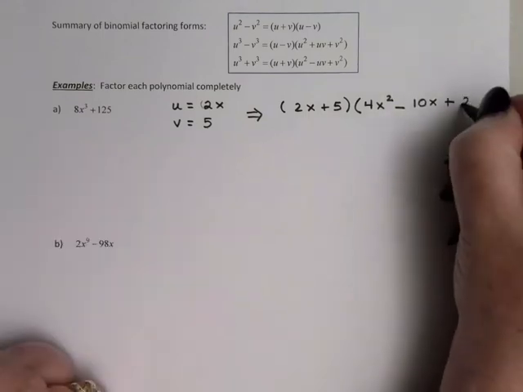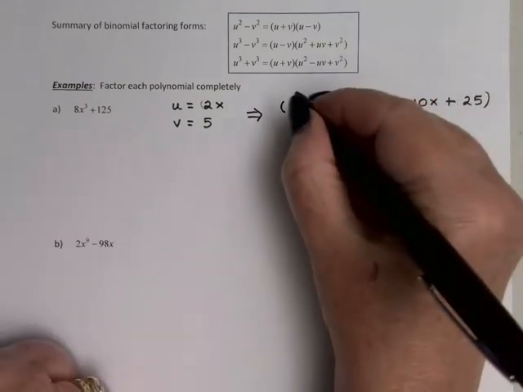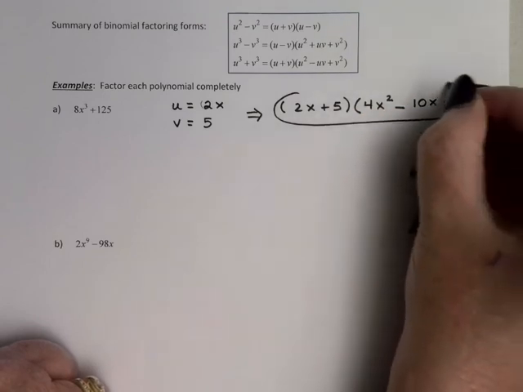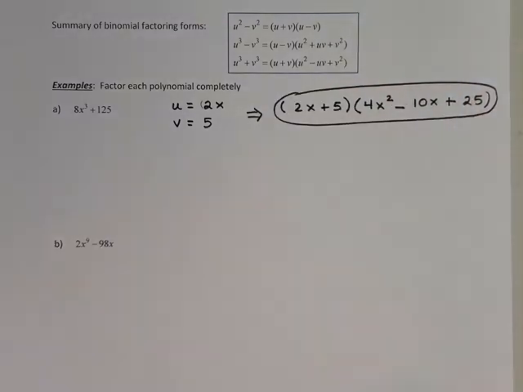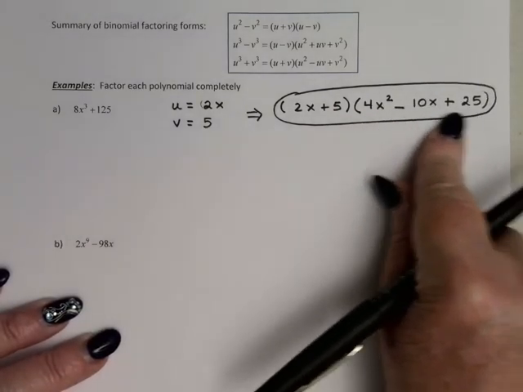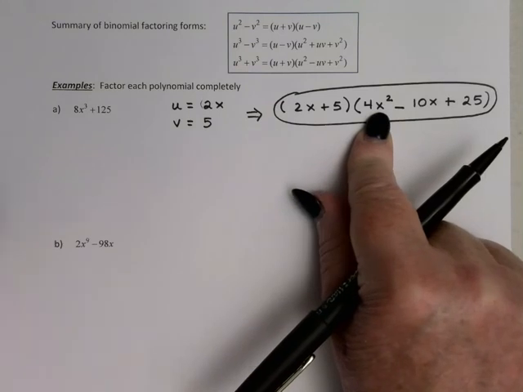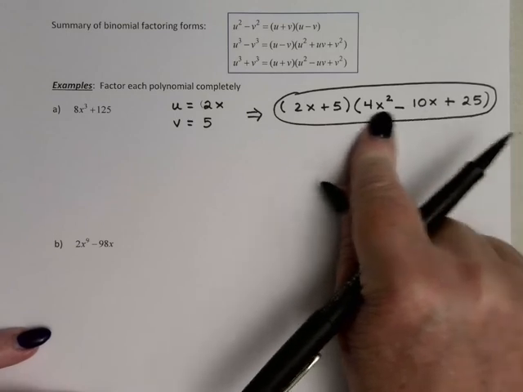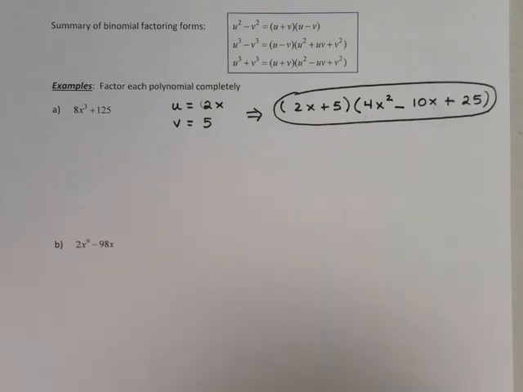That would be plus 25. And that is complete. One thing I'll let you know, it's just kind of a nice little feature. If you've done these correctly, this trinomial here, although you might think maybe I should try that with sum and product, it'll never work. This should always be a prime trinomial, so you can always leave it at this stage.